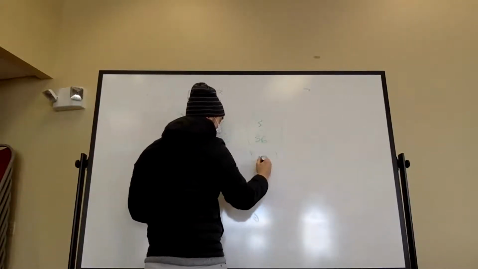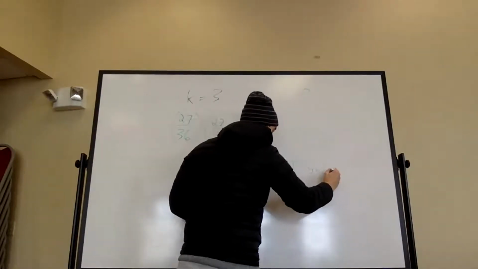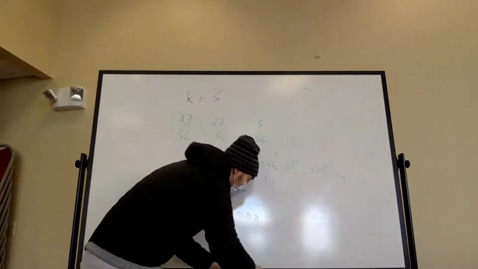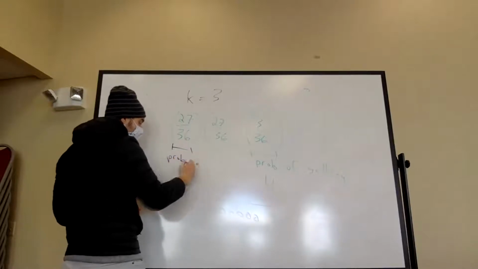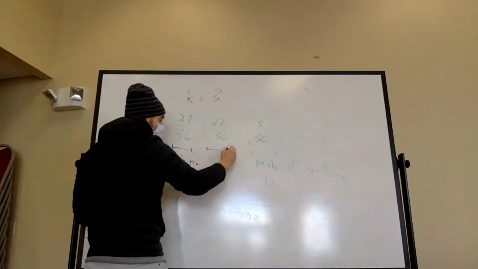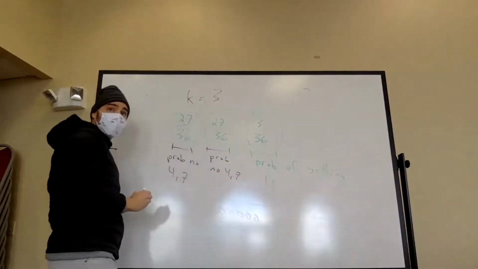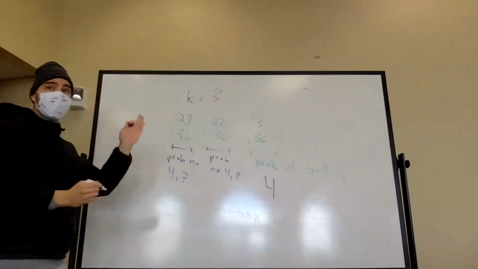This is the probability of 4. So this here, this is probability no 4, 7. Probability no 4, 7. And finally, probability of 4 right here. So those 3 things must happen.